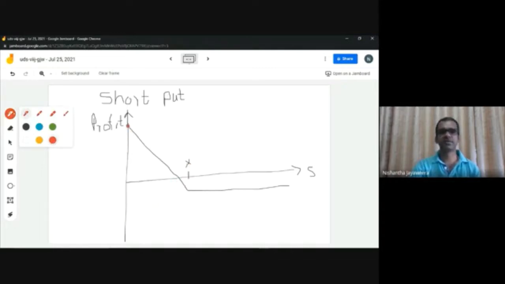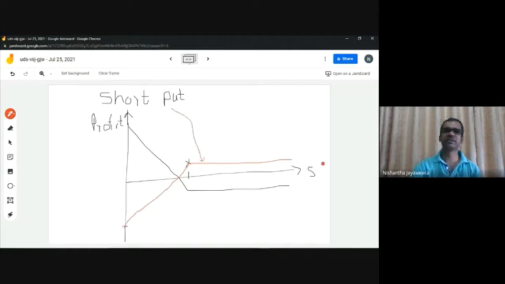When the buyer makes a profit, the seller makes a loss. At the break-even point, both are at break-even. When the buyer starts to make a loss, that becomes the profit for the seller. So this red line is the profit diagram for the short put option. What is the maximum profit for a short put?